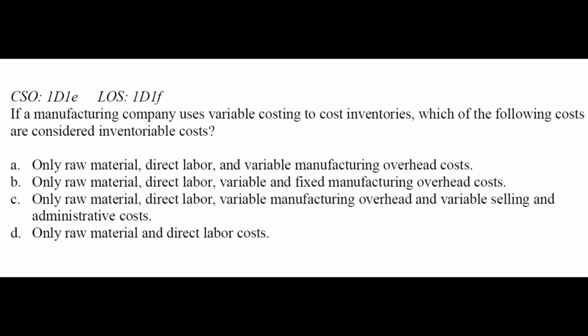Variable manufacturing overhead is also a product cost and must be included in inventory under variable costing. Correct answer, A. Under variable costing, inventory includes direct materials, direct labor, and variable manufacturing overhead only. Fixed manufacturing overhead and all selling and administrative expenses are treated as period costs and expensed in the period incurred.